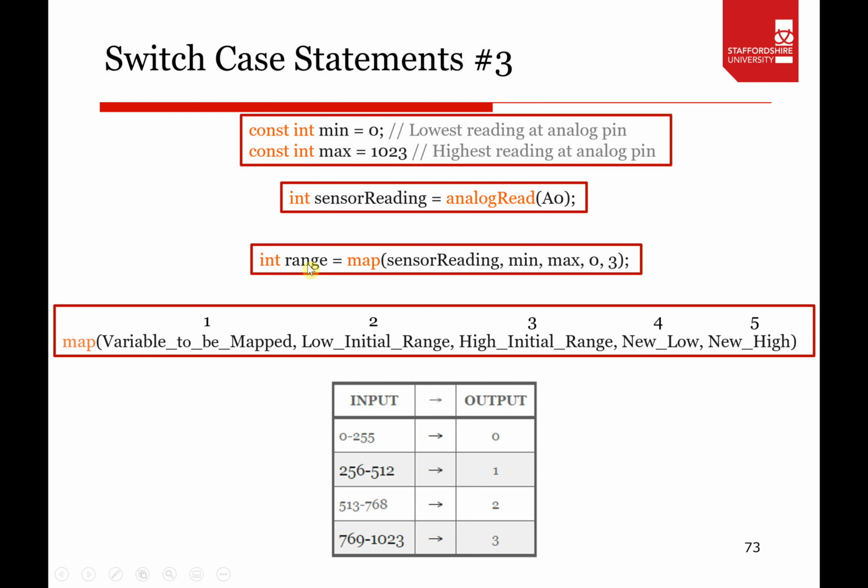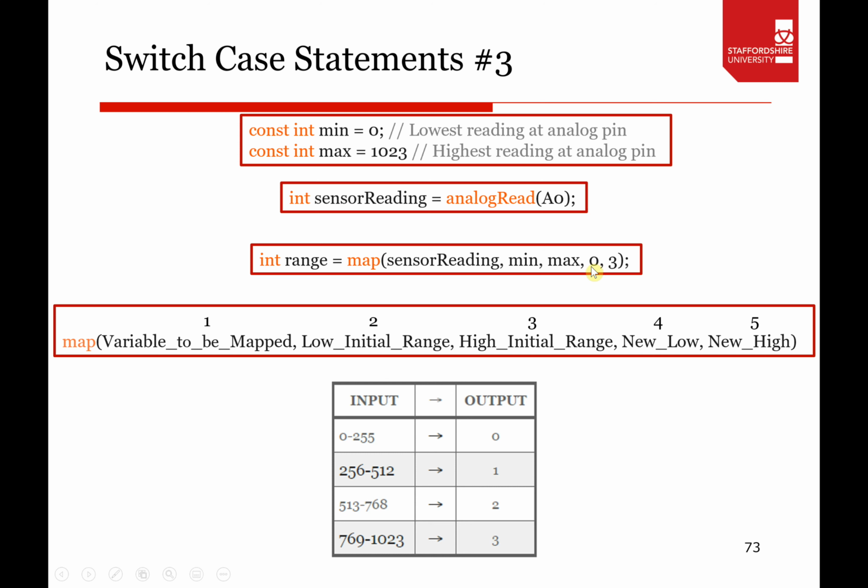Int range. So we want to set our sensor to different ranges. So we have here map(sensorReading, min, max), so between 0 and 1023, 0, 3.